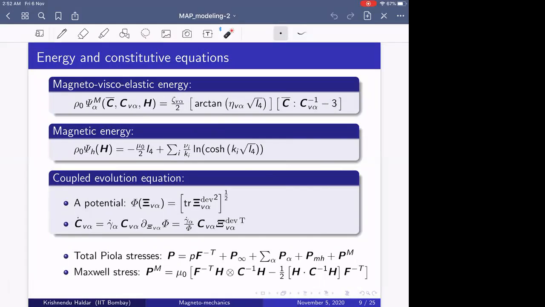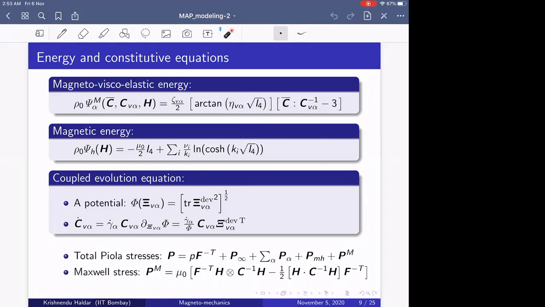After many trials and errors, we found that this tan inverse function works well, and it captures the saturation effect pretty decently. So that's why we stick to this particular form. The whole idea is an asymptotic function after some critical value of h. And you have the pure magnetic energy.